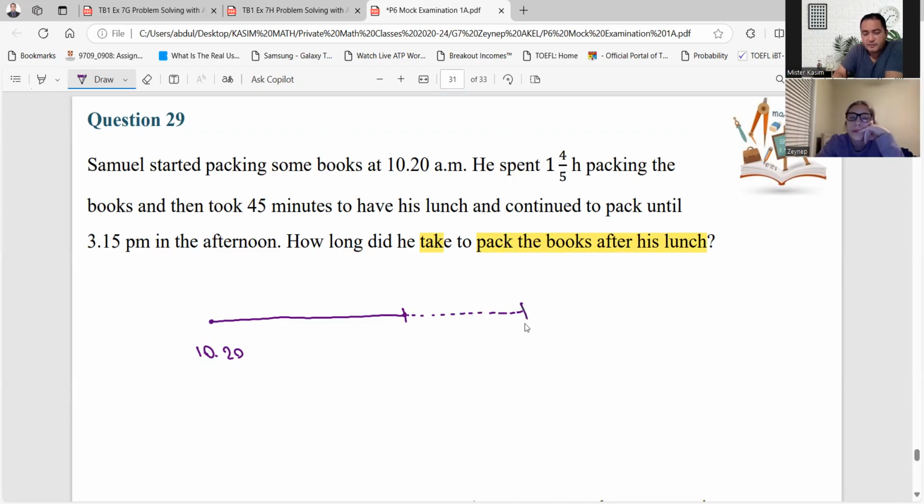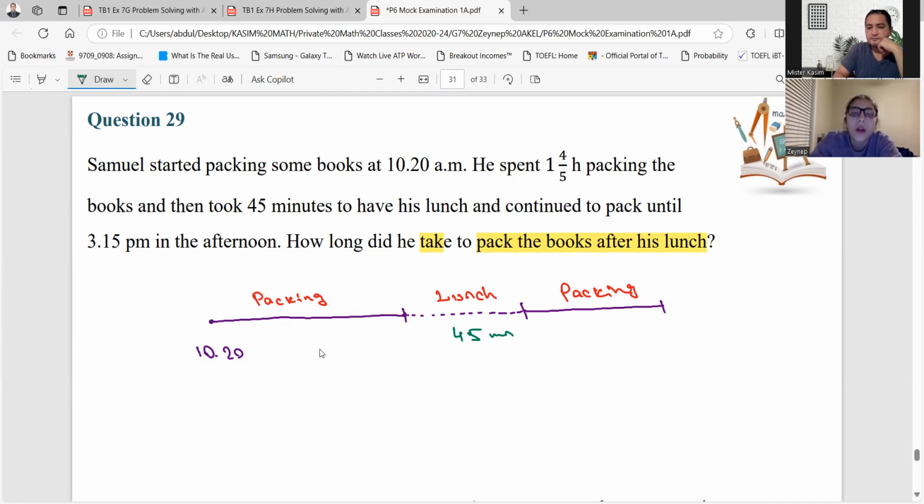So this one is packing, this one is lunch, and again packing. We know that the lunch time is 45 minutes. And how about the packing in the morning? It is 1 and 4/5.